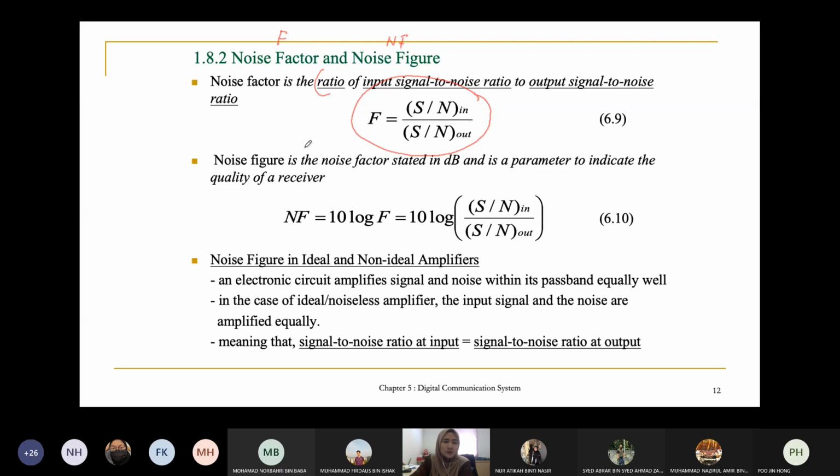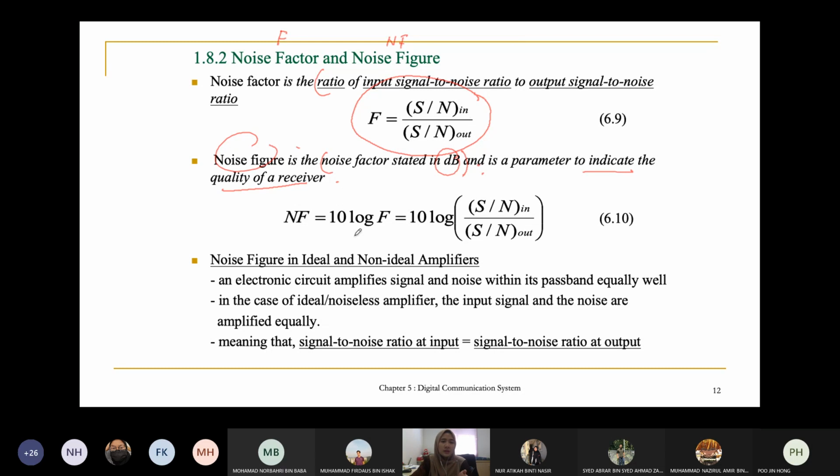For noise figure, it is actually the noise factor stated in dB. This parameter is used to indicate the quality of a receiver. So basically noise factor and noise figure are the same. It's just that the noise figure is the noise factor but in the unit dB.